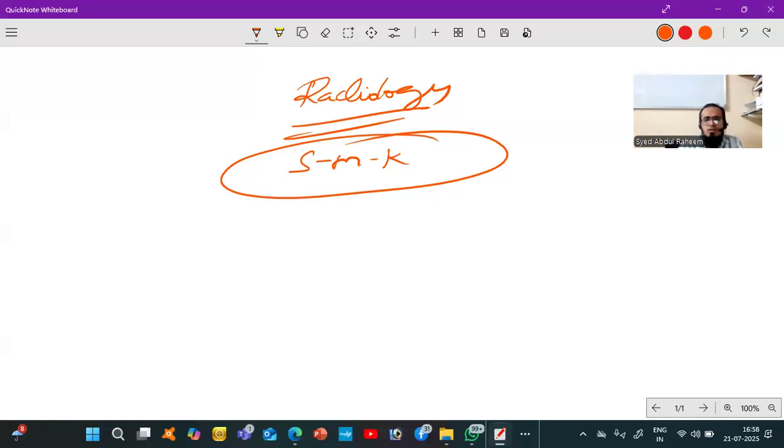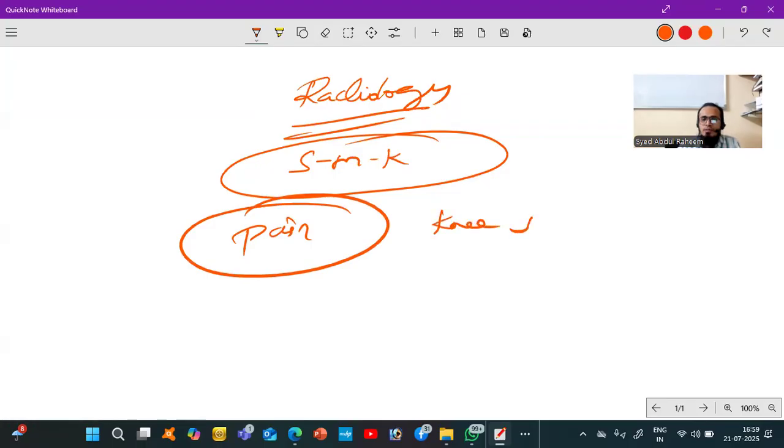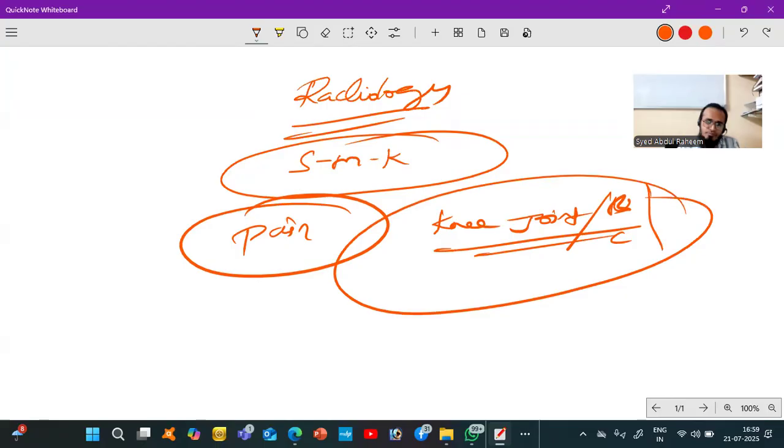The most common pathological condition in our clinic is that the patient comes with pain. Pain in the knee joint, or back pain, cervical pain, all other joints.